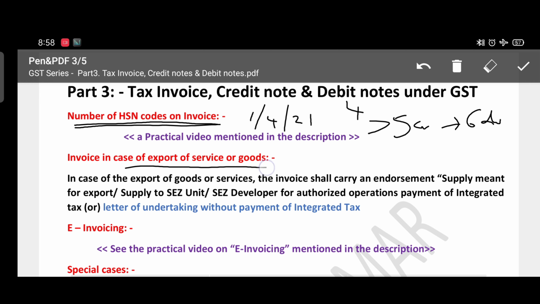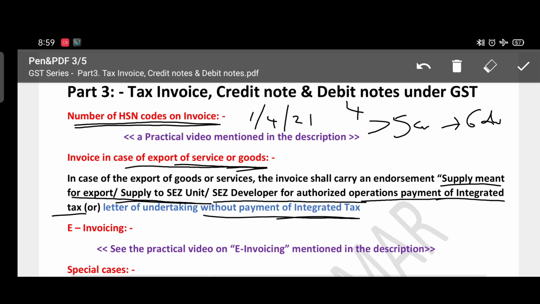And in case of export of services or goods, you have to carry some other documents other than this invoice, that is, supply for export, and supply to a SEZ unit or SEZ developer for authorized operations, with payment of integrated tax and without payment of IGST. So these you need to maintain while you are preparing the tax invoice.